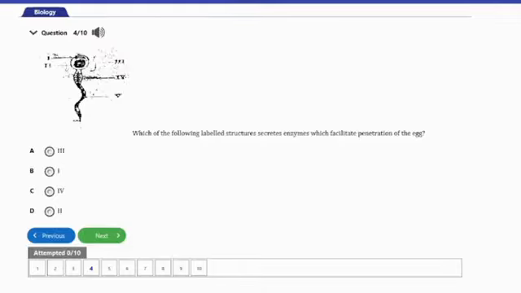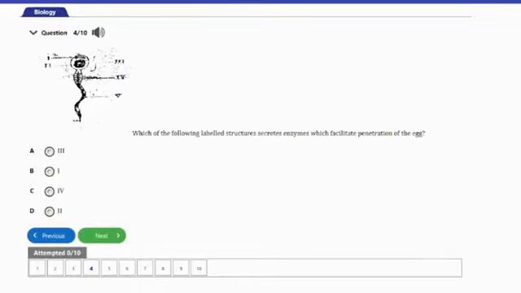The answer to this question is option B, the I. The part labeled I is the part where the sperm cell secretes the enzymes that help to penetrate the egg during fertilization. So that's it for that question.